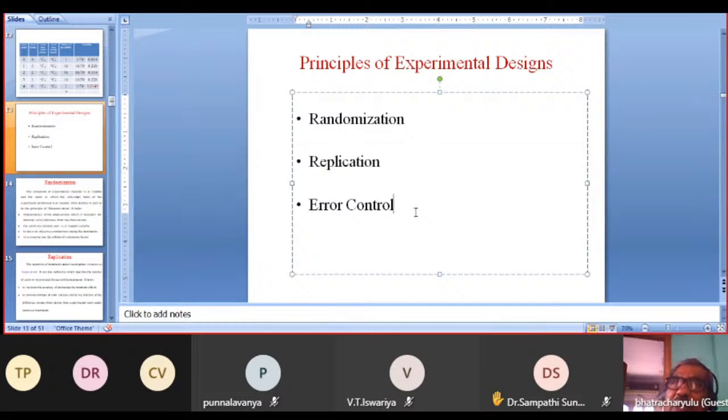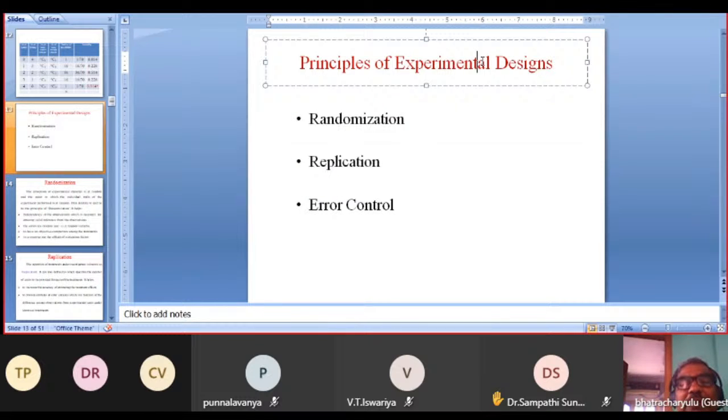Assignable errors are those in the control of the human, so those you are controlling. Okay. So these are the major three principles. Whatever experiment you are conducting, when you want to test it, these three principles must be involved. Without involving these three principles, if you are testing the hypothesis, it is not a suitable experiment. Okay.